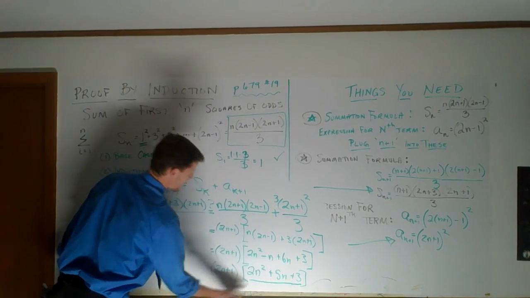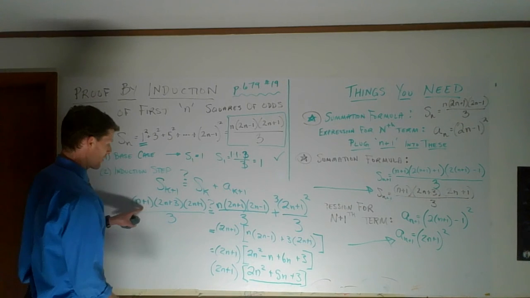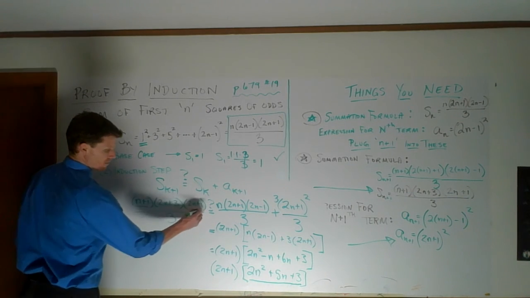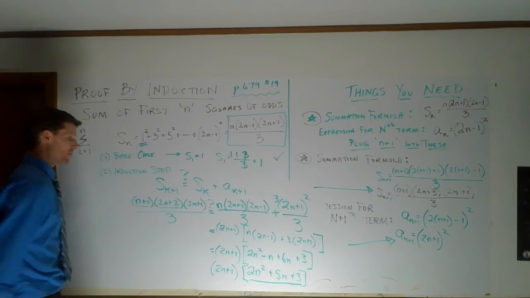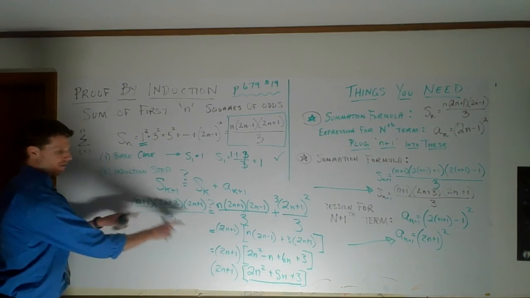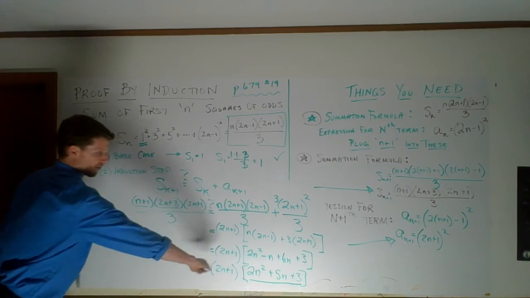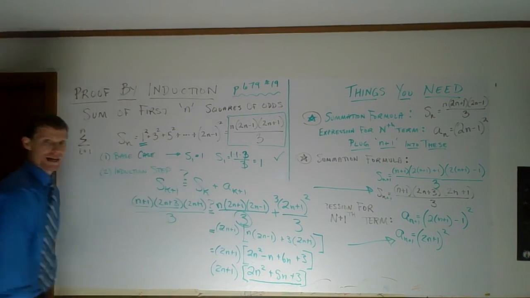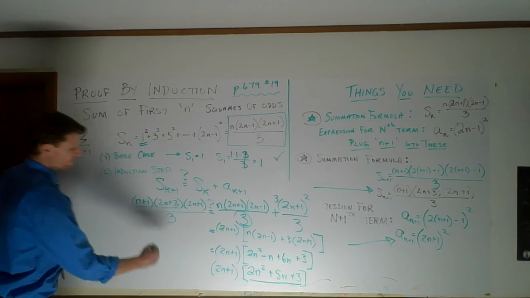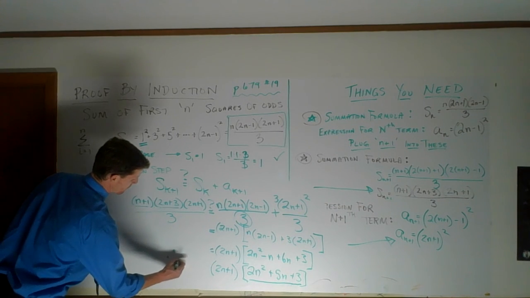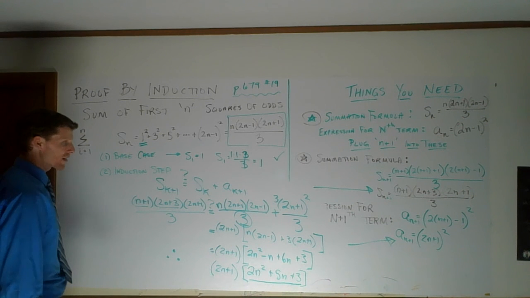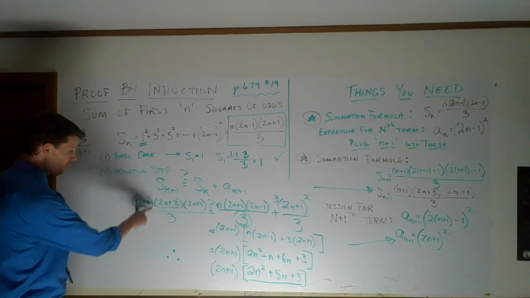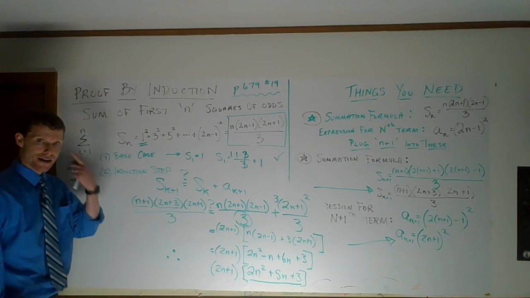This down here does in fact factor to n plus 1 times 2n plus 3. You can multiply that out, see that it's the same. This whole thing is over 3. I just ran out of space, so I stopped writing it. And so I think you can finish this and show that we have in fact finished our proof by induction. And again, you see that I went from k's to n's because my brain doesn't think about that.